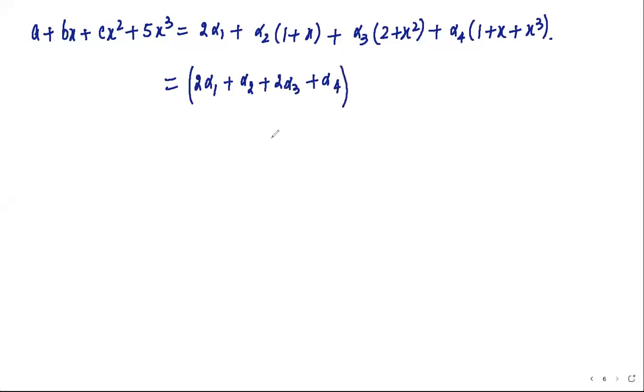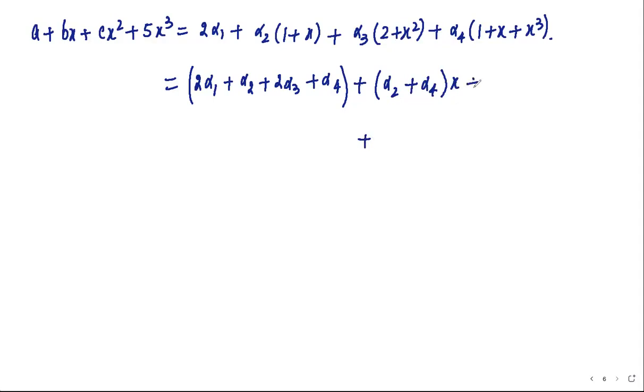So these are all constants because alpha 1, alpha 2, alpha 3, alpha 4 are also real numbers. Then next, the coefficients of x. It is alpha 2, then plus alpha 4 times x. Then coefficients of x square.